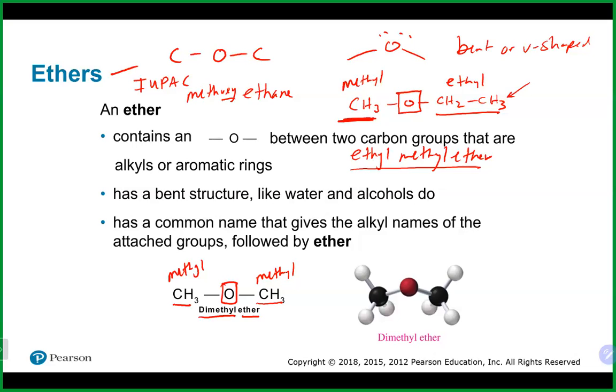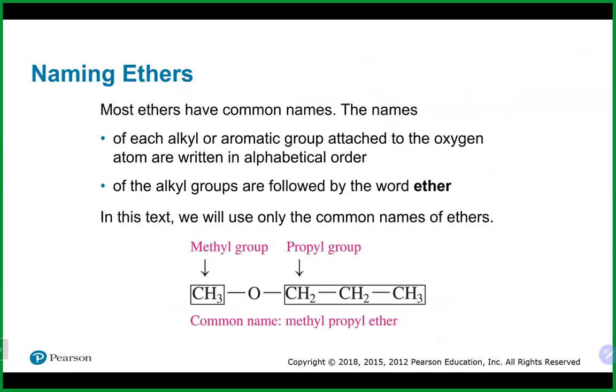Any questions on that there? So here, if we do our common name, we would focus on the oxygen. To the right, there's a 3 carbon group, which is a propyl group. To the left is a 1 carbon group, which is a methyl group. In alphabetical order, this would be methyl propyl, and just put ether at the end of it.